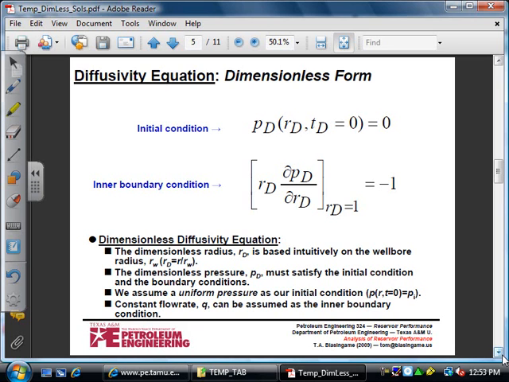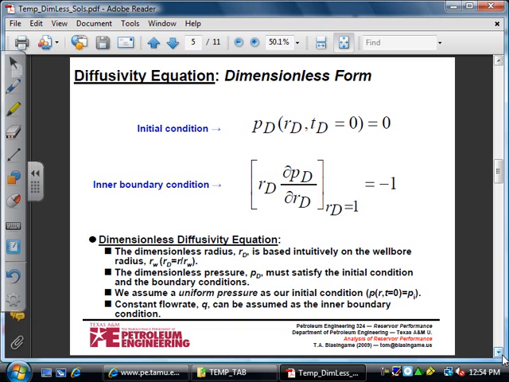Okay, so our first initial condition, I said initial pressure, we define our dimensionless initial condition to give us 0. You will see in the solution, this will make your life very easy. And the inner boundary condition, we set equal to minus 1. The reason for the minus is, you will see in the solution, also a mathematical convenience.